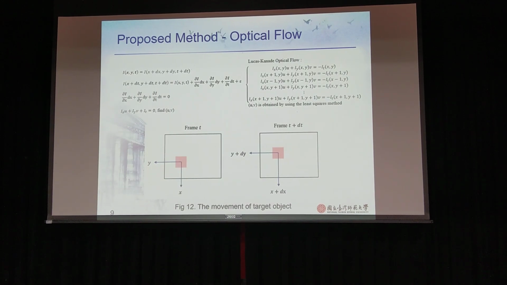And then is the forecast system. We will use the optical flow, and I will introduce the optical flow method, which is a method to detect object motion. Generally, optical flow has two basic assumptions. One is brightness consistency.